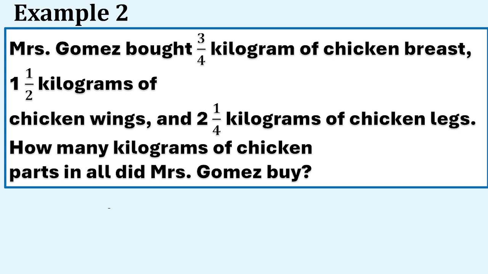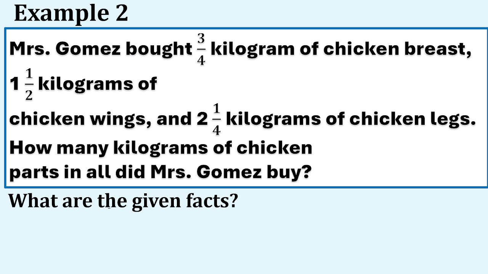Another problem. Mrs. Gomez bought 3/4 kilogram of chicken breast, 1 1/2 kilograms of chicken wings, and 2 1/4 kilograms of chicken legs. How many kilograms of chicken parts in all did Mrs. Gomez buy?